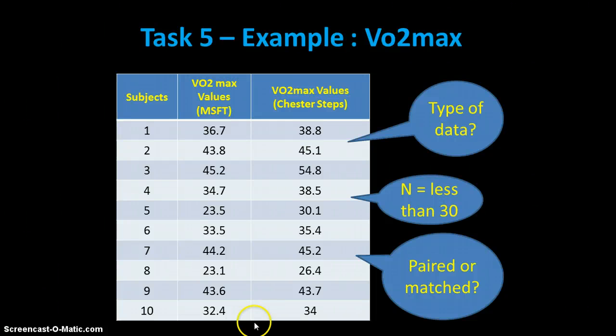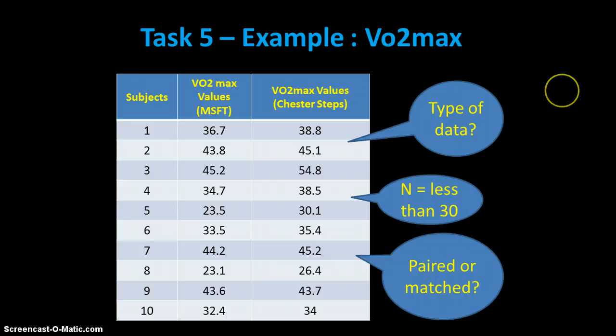So we've got here 10 subjects. We've got VO2 max values data for a multi-stage fitness test and a Chester step test. And we're going to observe this data to start off with and help us determine eventually what statistical test we'll use to test for difference.